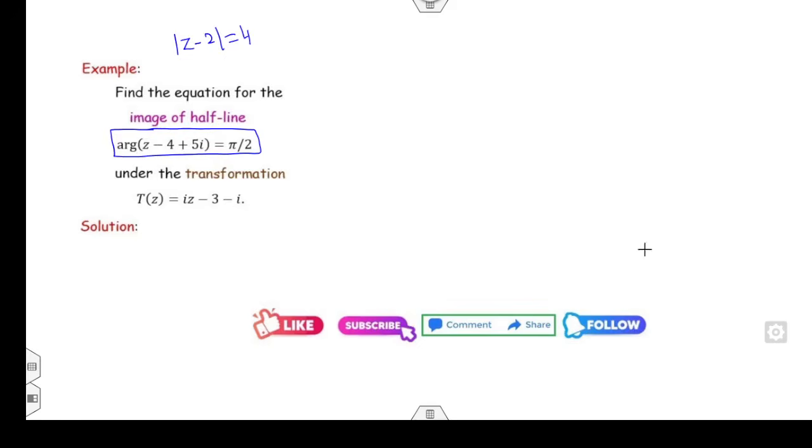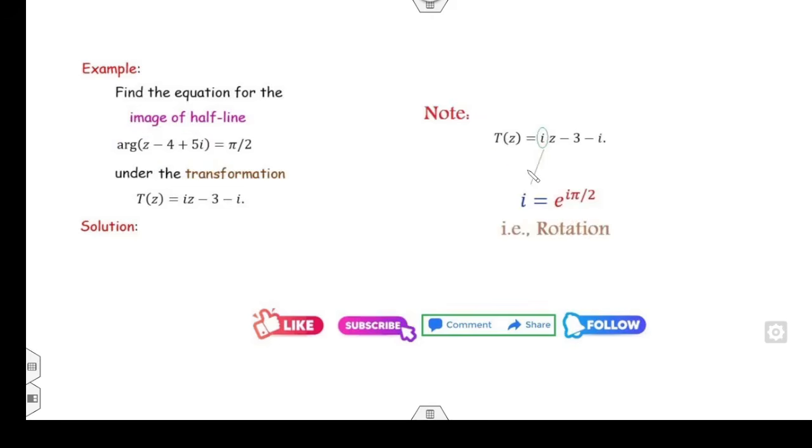Fine. Again, you can see this is iota z, minus 3. Clearly I can write this iota in terms of e raised to the power iota gamma. So that means this question is related to rotations. Now let's start with this.